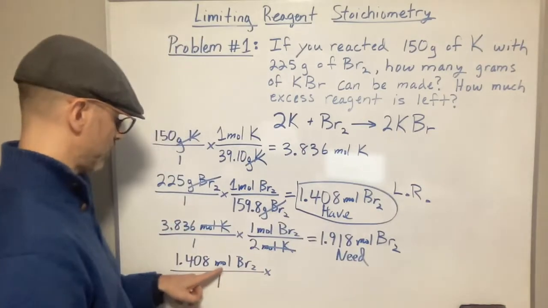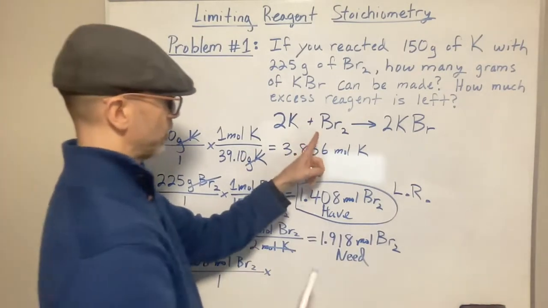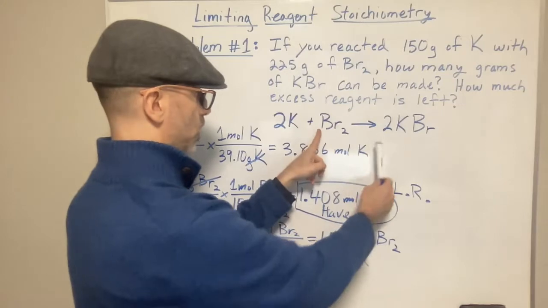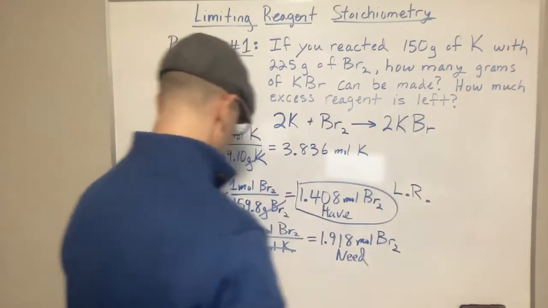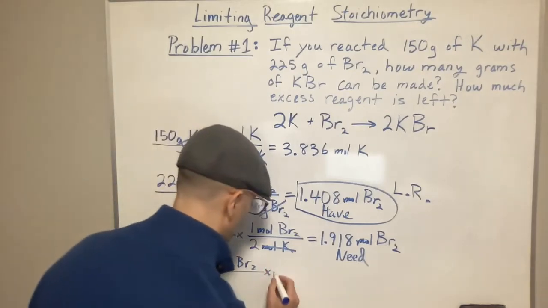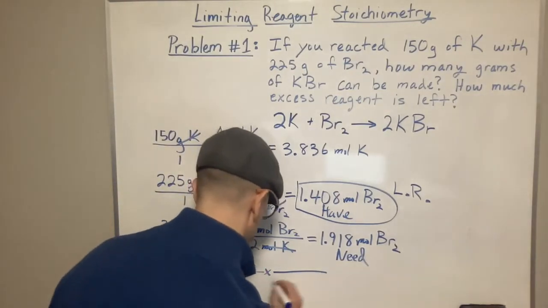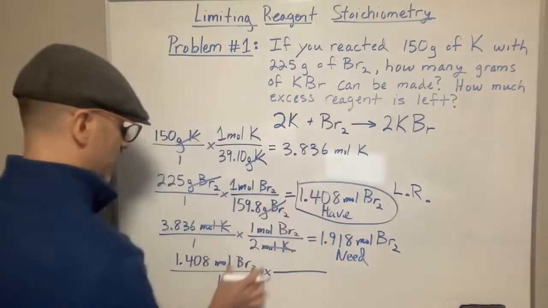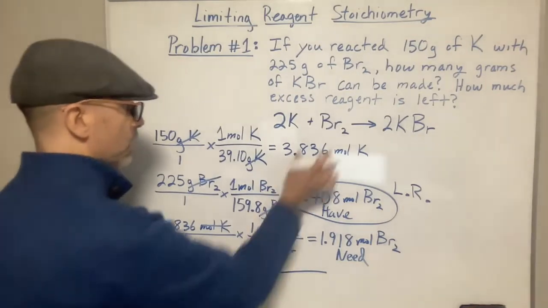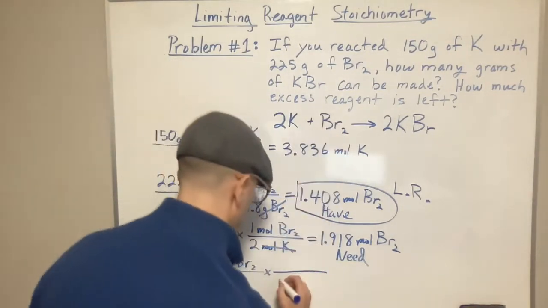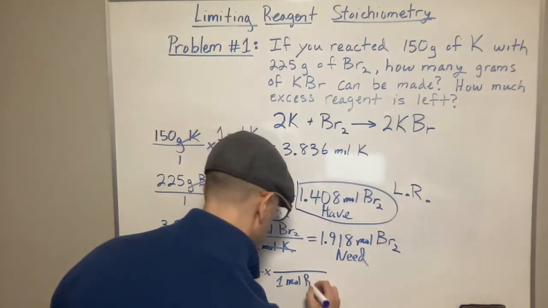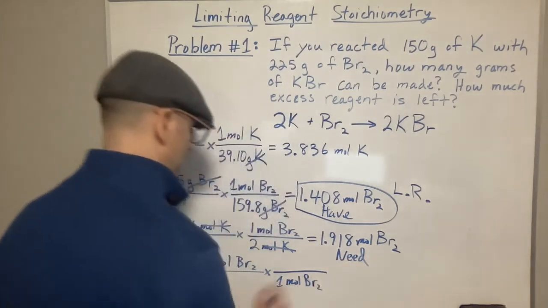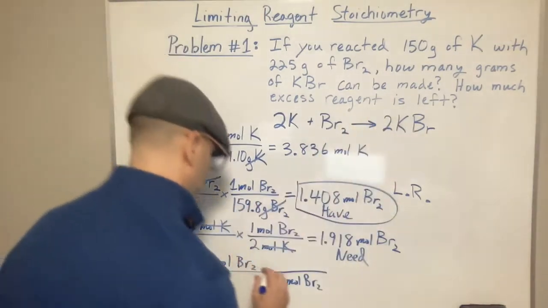The mole ratio is 1 to 2, so 1 mole of Br2 to 2 moles of KBr. So I'm going to use that to convert to moles of KBr. Since I have moles of Br2 here, I'm going to put 1 mole of Br2 on the bottom, and I'm going to put the 2 moles of KBr on top.